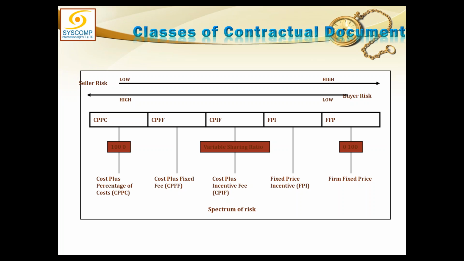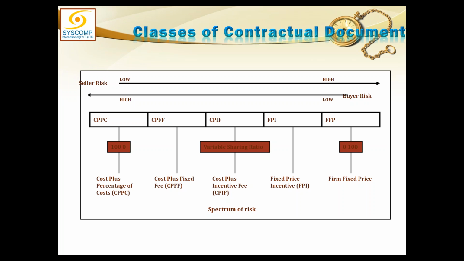So this is a type of contract in which the buyer risk is almost negligible, whereas whole of the burden of this risk has been transferred to the contractor. So he has the highest risk at this point. And this is the best type of contract you can deal with in these kind of situations. But that does not happen.